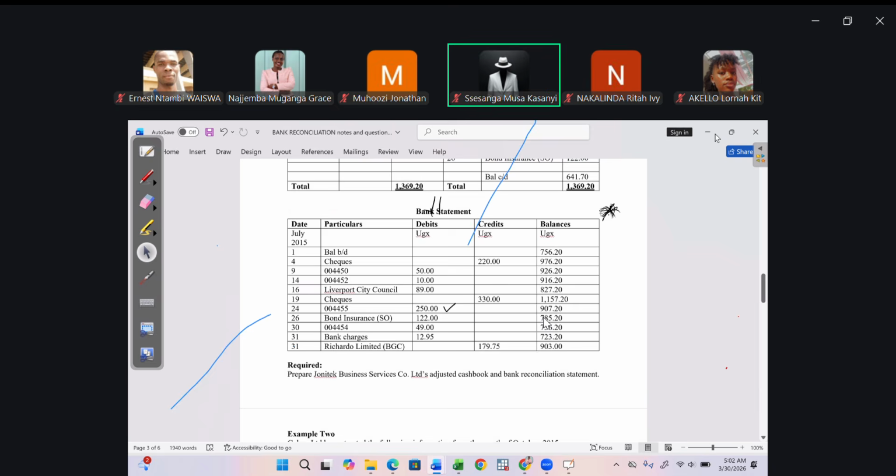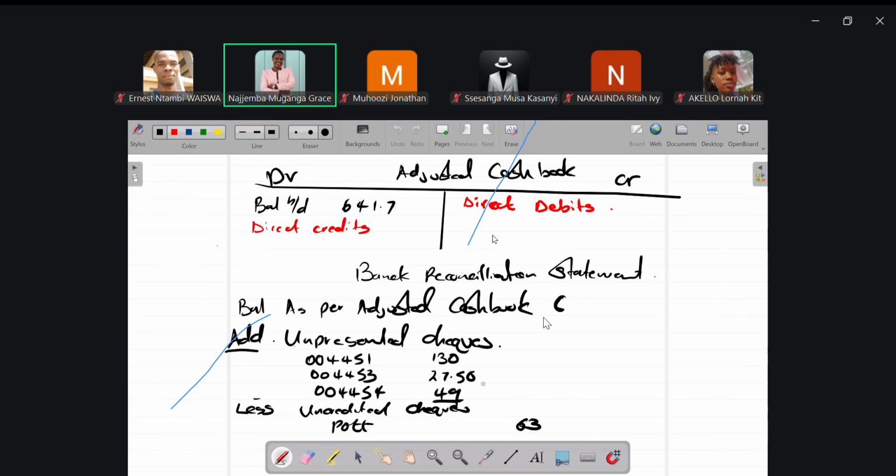Here, the bank charge that is on the debit is a direct debit. Money was deducted in line with bank charges. So you move here and include bank charges over there.